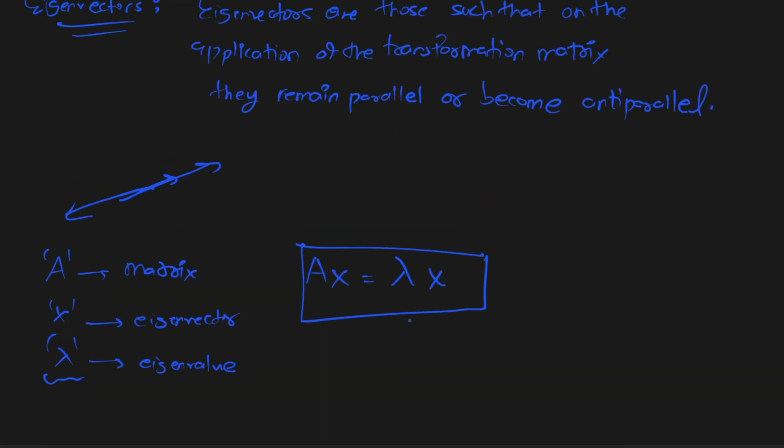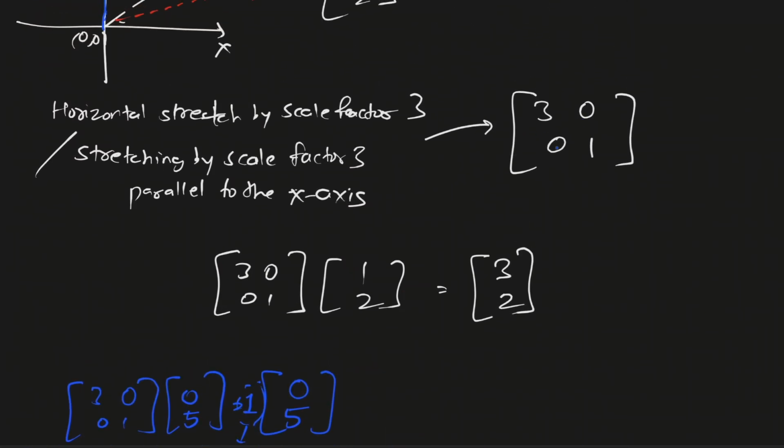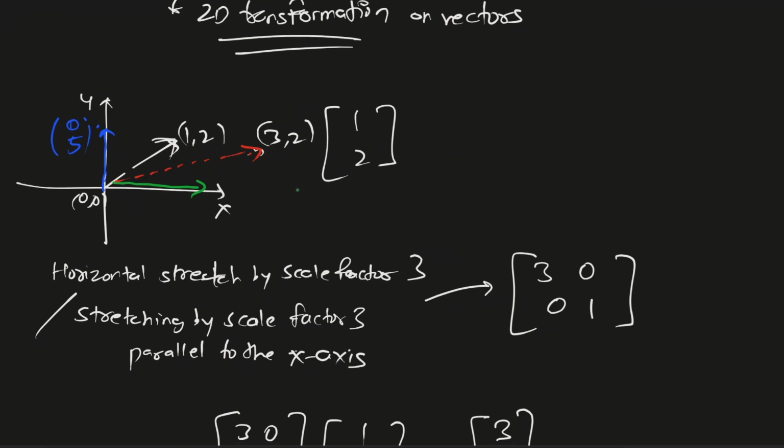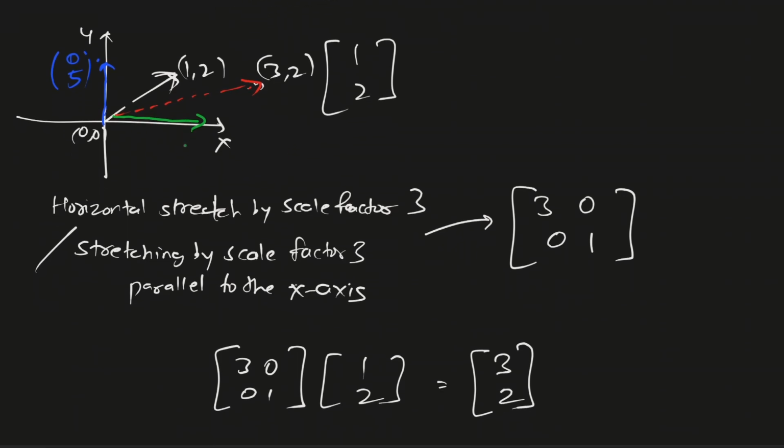But the thing is, in the case of the transformation matrix 3, 0, 0, 1, not just the vertical vectors, but also the horizontal vectors are eigenvectors. Because what happens if I multiply any horizontal vector with the transformation matrix? So for example, if I consider the vector 4, 0, which is a vector parallel to the x-axis.